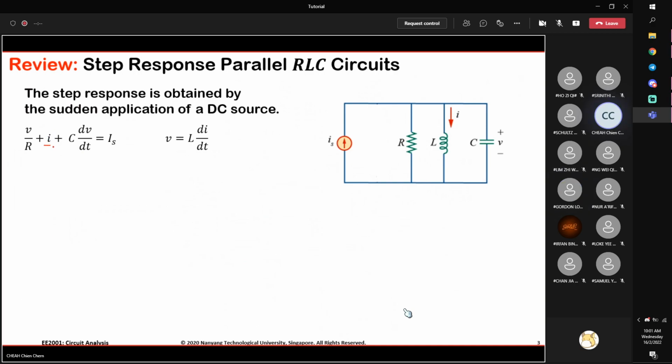You should get rid of I. So I is what? I is this inductor current. Given I, you find voltage. How do you do that? Integrate, correct? Because this is equal to this. So in order to find I, remember what you do is that this is equal to V over L di dt.